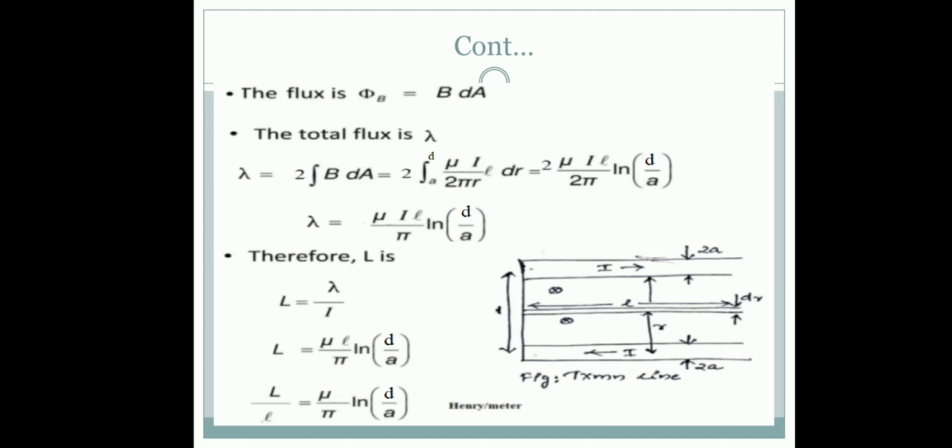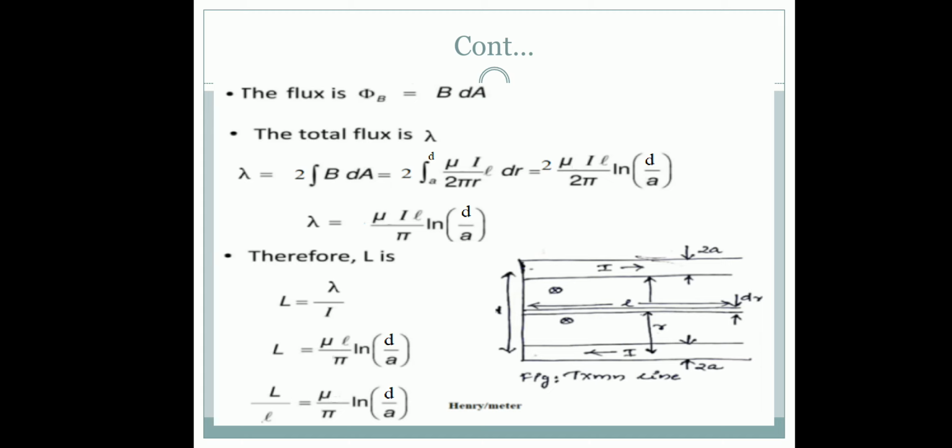So the only difference between coaxial cable and here is that in coaxial cable our expression for lambda is mu I L by 2 pi log of d by a. Here it is mu I L by pi log of d by a. So to find the self-inductance, our expression is total flux divided by current in the circuit.